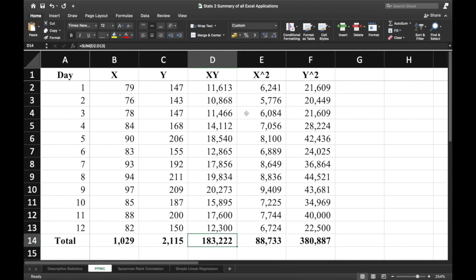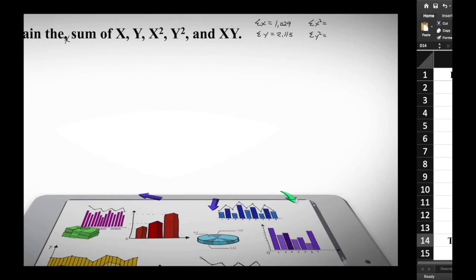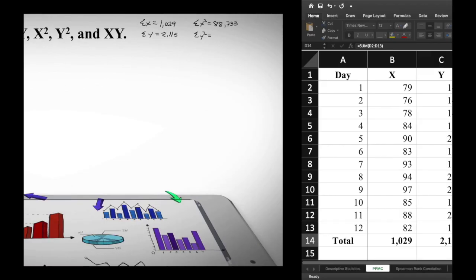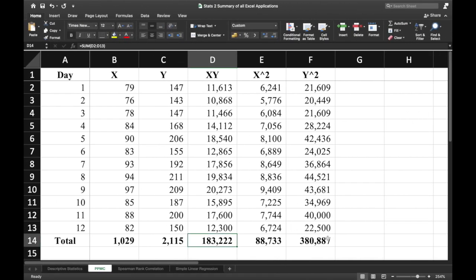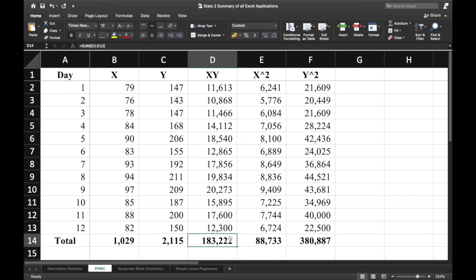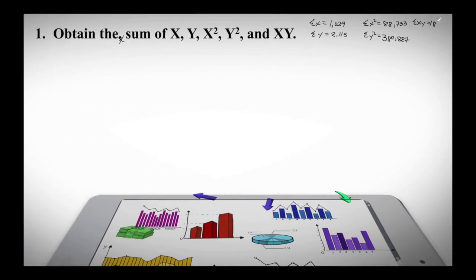For x squared, the summation is 88,733. For the y squared, we have 380,887. And summation of x and y, we have 183,222. So, we are done now with our first step.